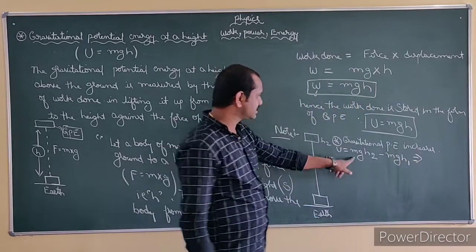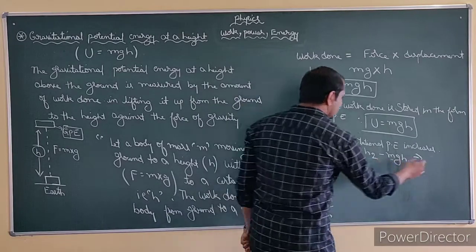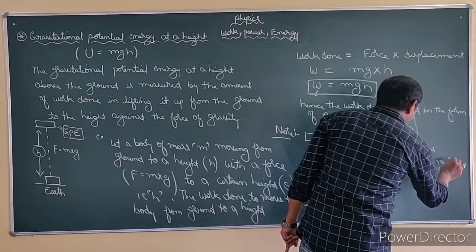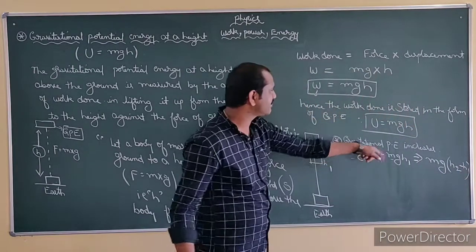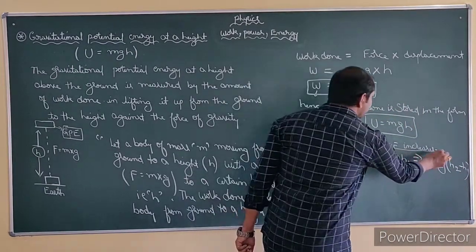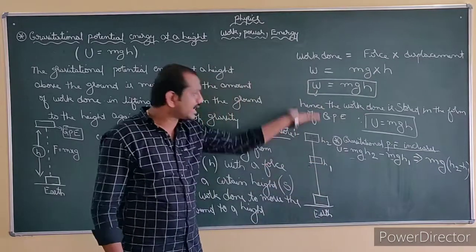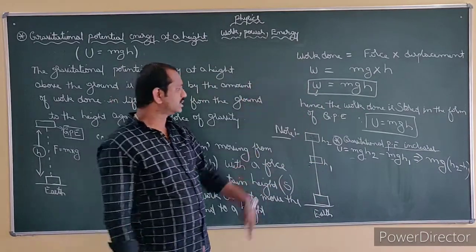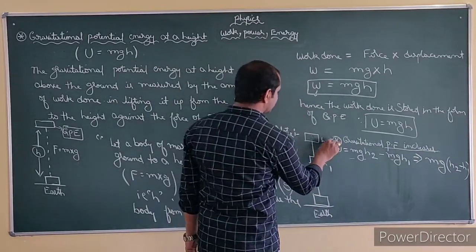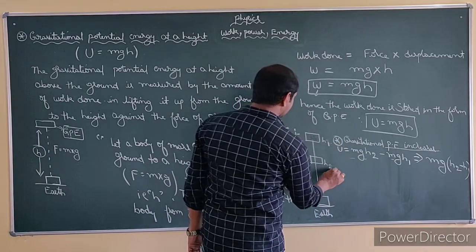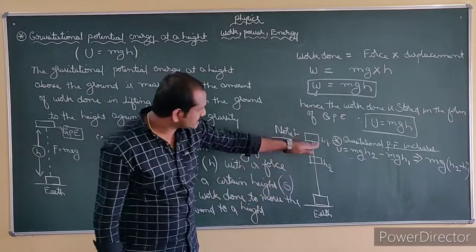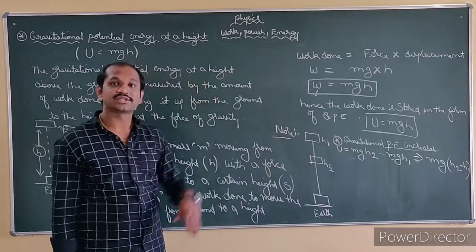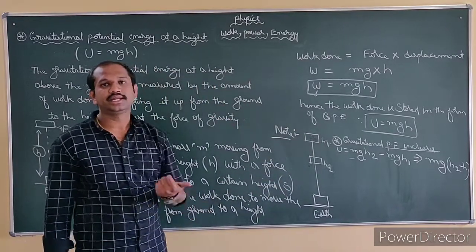You can write that even by taking mg common: mg(h2 minus h1). Remember, this is when gravitational potential energy increases, that is, when it is moving up. Understand? Now, for example, make this change: h1 minus h2. It is coming down. Now the body keeps on coming down. When it is coming down, what happens? Gravitational potential energy decreases.